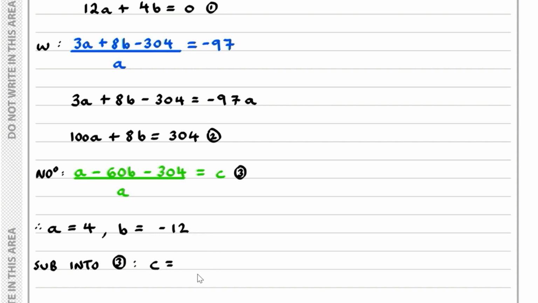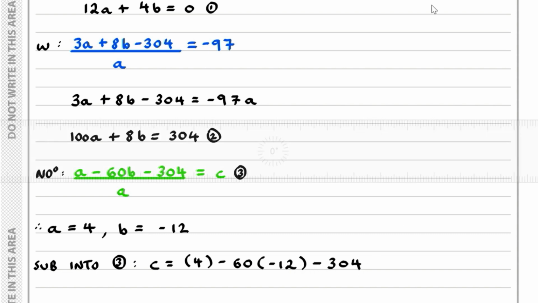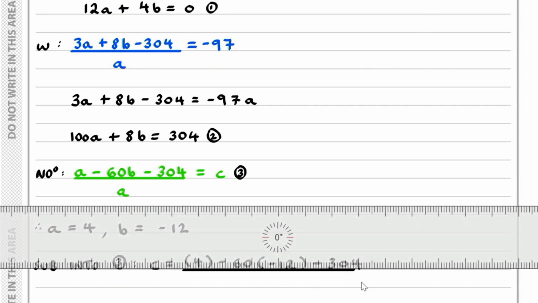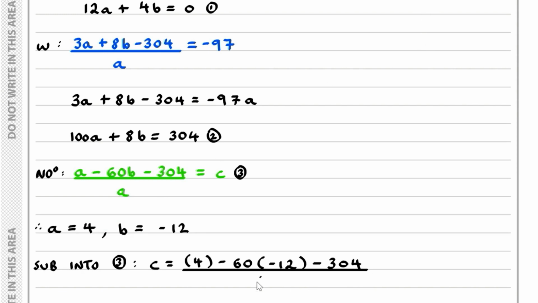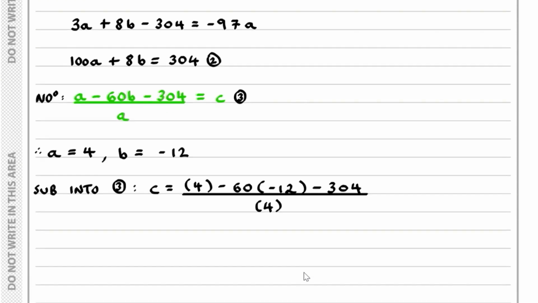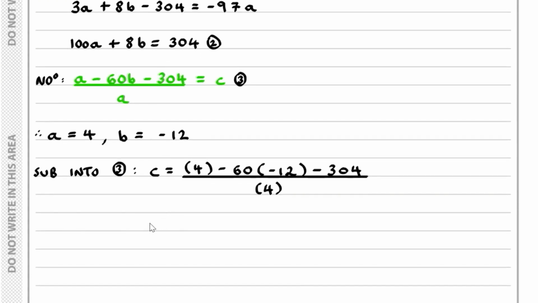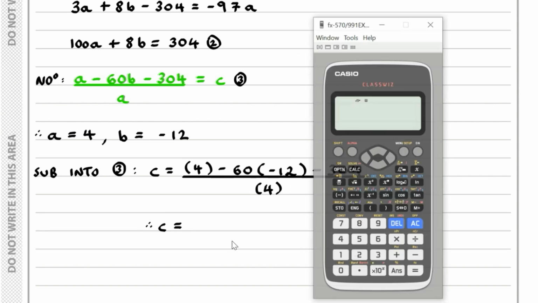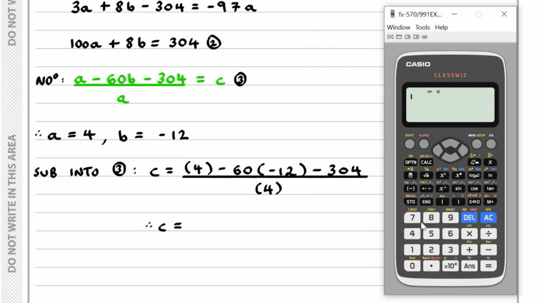So we have C equals A, which is 4, minus 60 lots of minus 12, minus 304, divided by A, which is 4. So we can conclude then C is equal to 105.